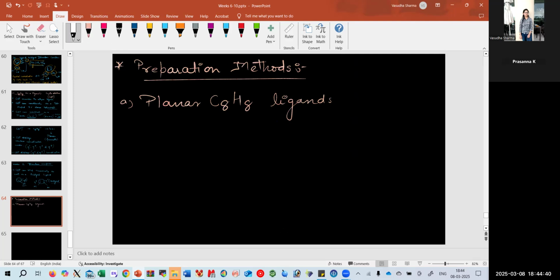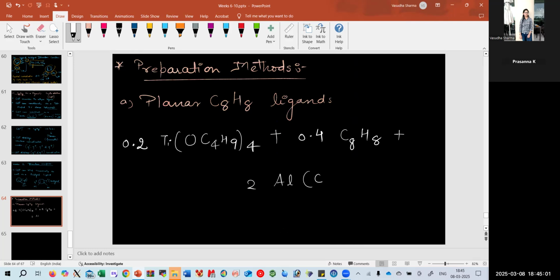So the one stoichiometric equation that we have is: if you are using 0.2 titanium butoxide, Ti(OC4H9), with 0.4 C8H8 in the presence of a Lewis acid, which is aluminium based, triethyl aluminium, and when we have this particular system, it would form C8H8 3 molecules connecting with 2 titanium.